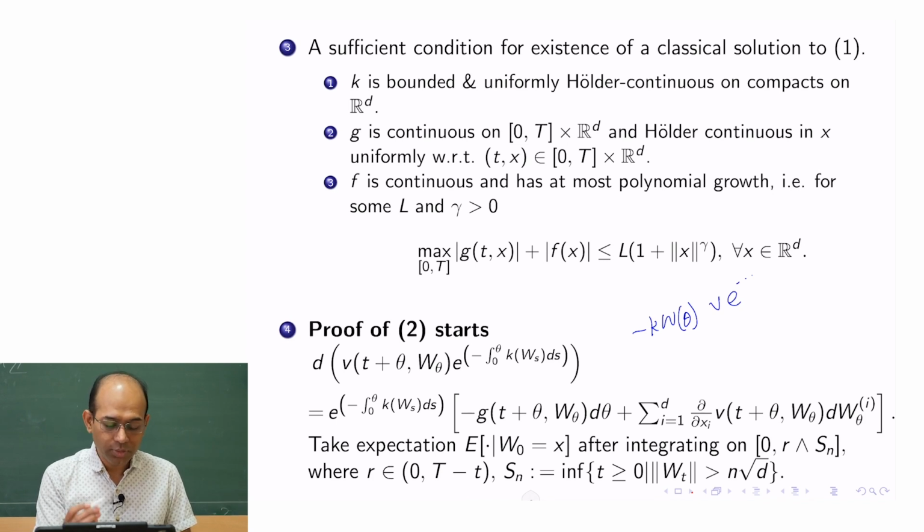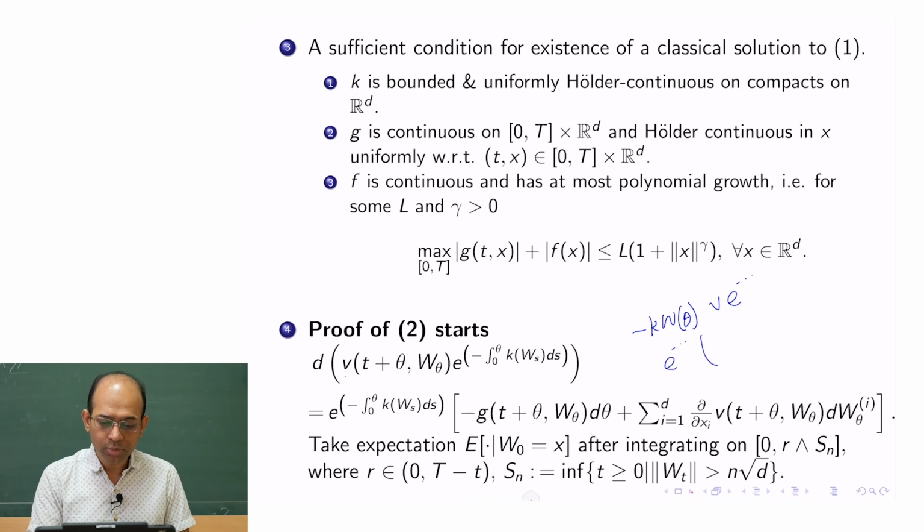And then we differentiate v, and e we keep unchanged, so there we are going to get the exponential term as it is, and for dv of t, we can use Ito's formula.